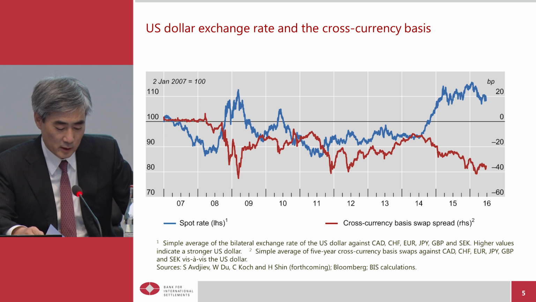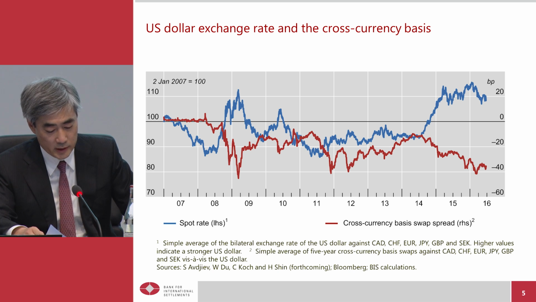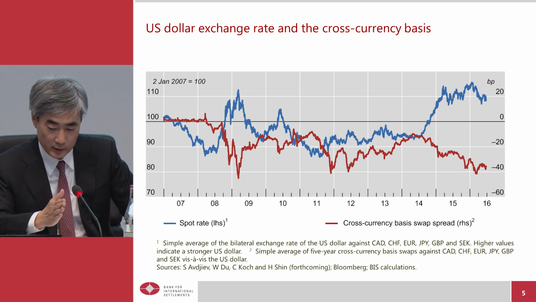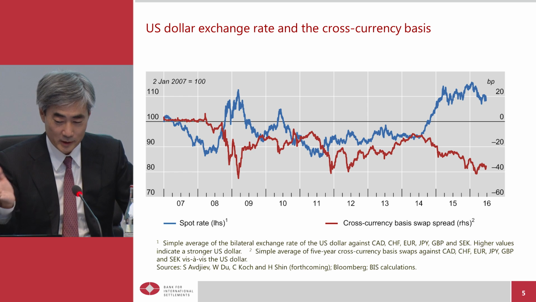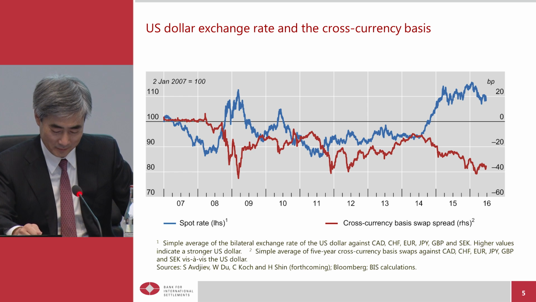So what this slide shows you is the value of the US dollar, and that's measured in blue, calculated as a simple average of the bilateral exchange rate against 6 advanced economy currencies. And here the time period is between the beginning of 2007 until the most recent period, but it doesn't include the action on Friday.